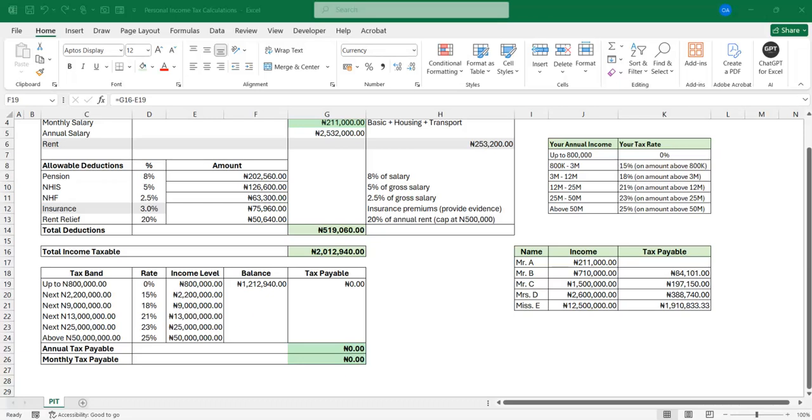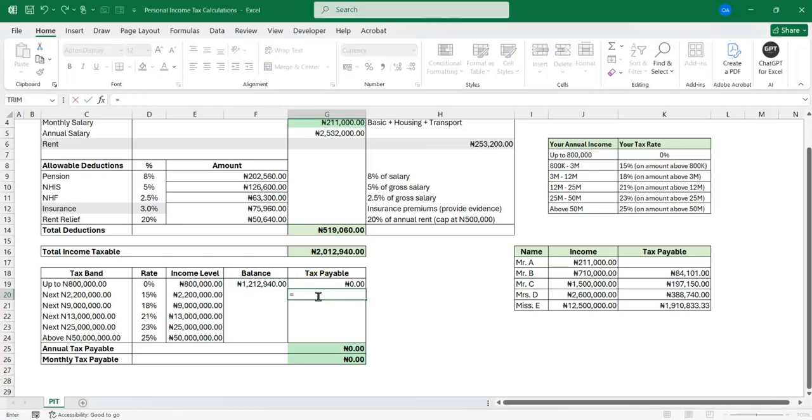So we are going to calculate its tax liability. We are going to calculate this amount, 1.2 million, using 15%. That's the amount we are going to calculate. So we come here to say equals to this amount times 15%, and then we press enter.